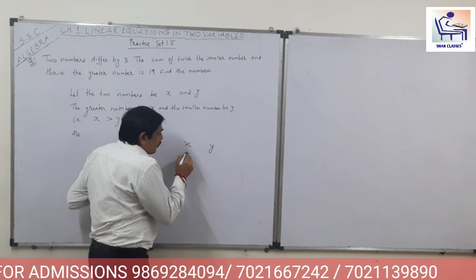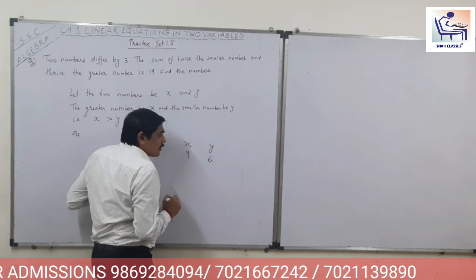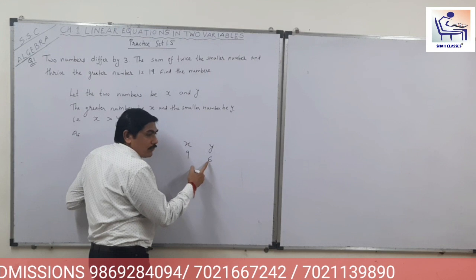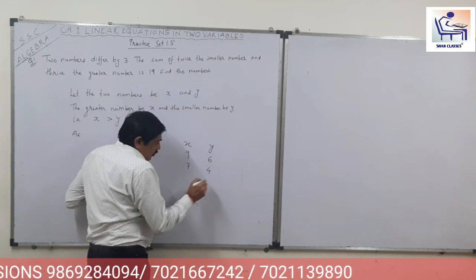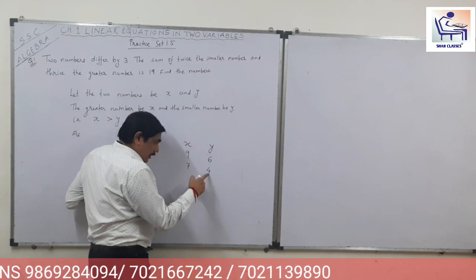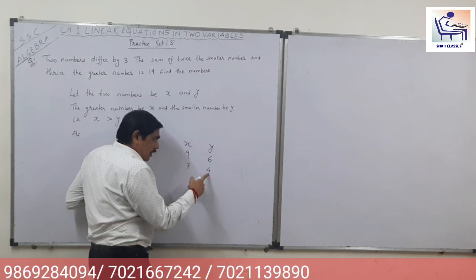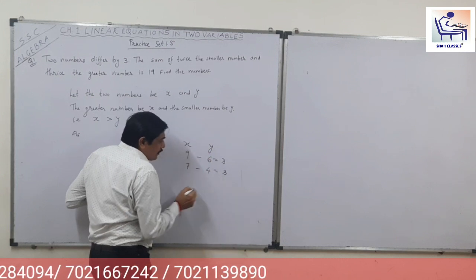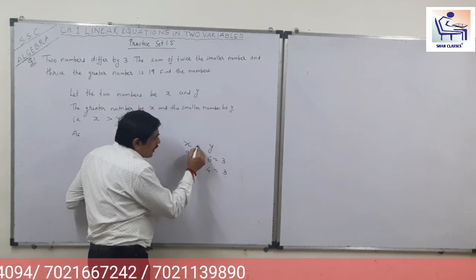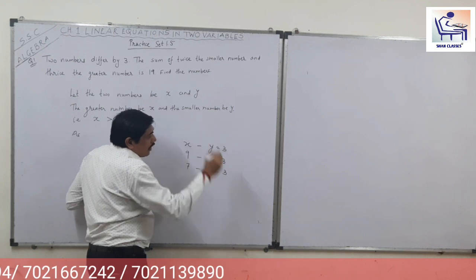So अगर suppose x 9 है तो y होगा 6 because there is a difference of 3. अगर x 7 होगा तो ये होगा 4 because difference is 3. इसका मतलब क्या हुआ? अगर मैं यहाँ से माइनस करता हूँ, every time I should get 3, so I can get the equation as 3.